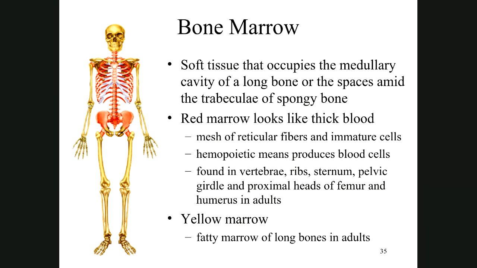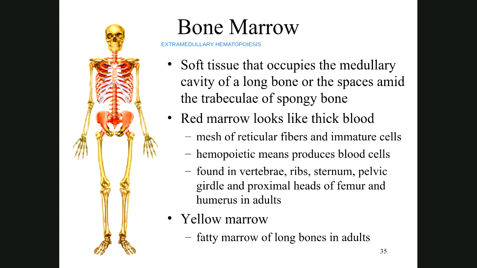Then these bones start making them. In that case, we call it extramedullary hematopoiesis. Extra means more, medullary means the middle area, the medulla. Poiesis is the process of making blood cells.